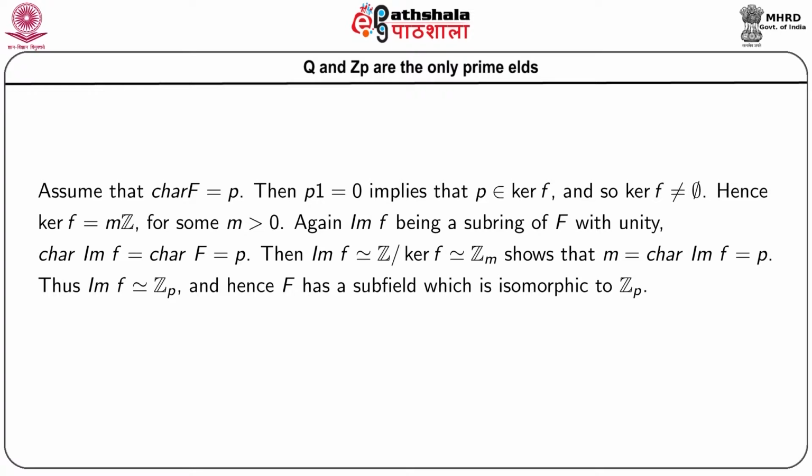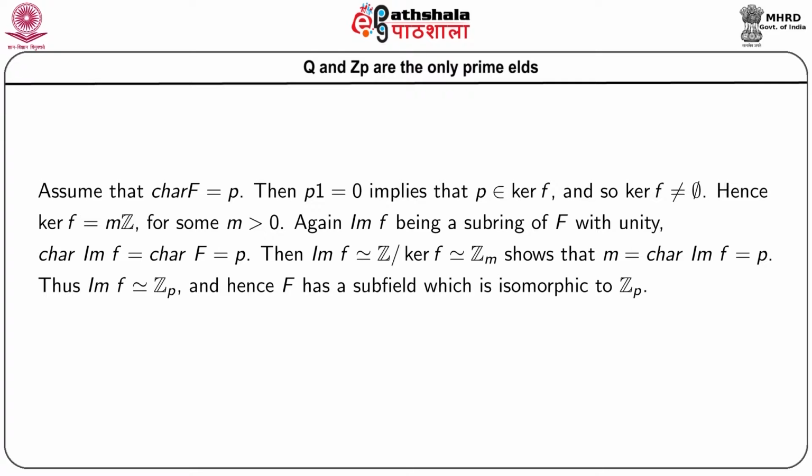Since ker f is an ideal of Z, it is of the form mZ for some m greater than 0. We show that m is actually equal to p. For this, note that image f is a subring of F with unity, and the characteristic of image f is the same as the characteristic of F, equal to p. Then image f is isomorphic to Z by ker f by the first isomorphism theorem.